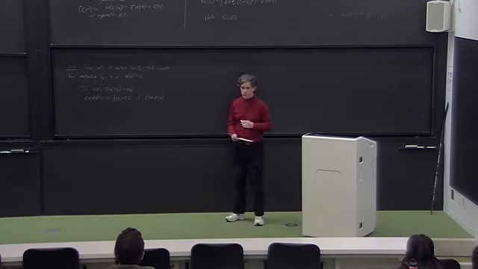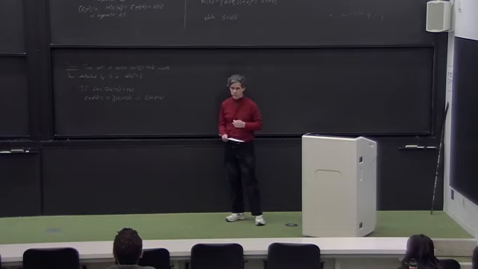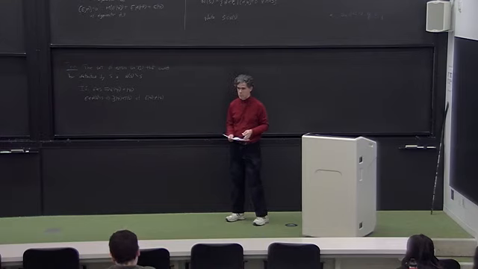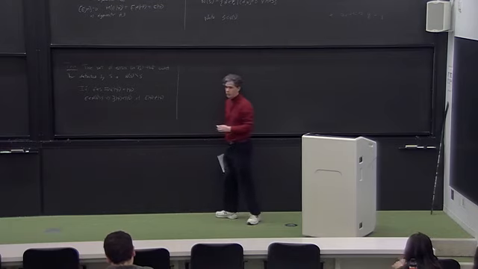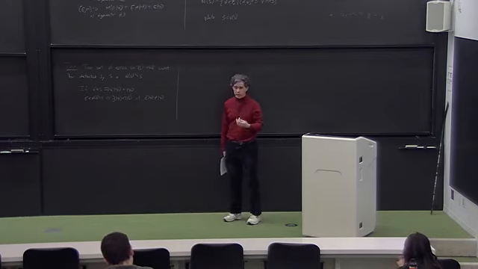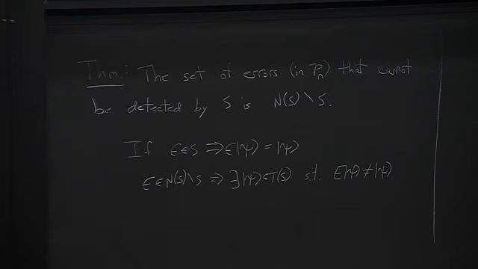Okay? Any questions on this? Okay, so that's detecting errors, but we can go from there to correcting errors, and I've already kind of given you a hint how, right? So this is just saying, well, is the error syndrome 0 or non-zero?